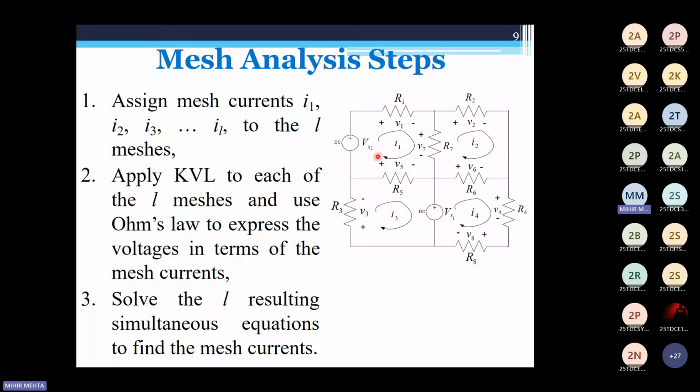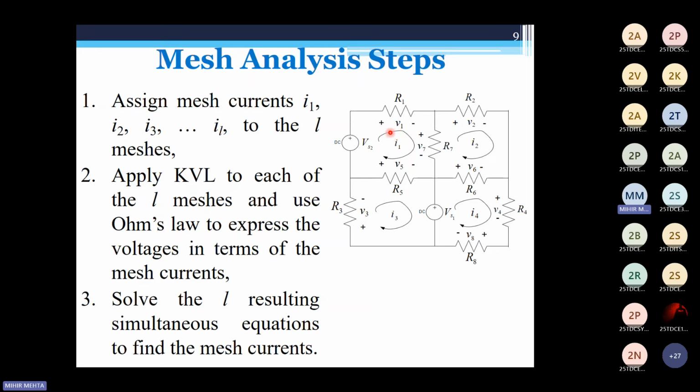Now, once you have given the name to the particular mesh, you have assigned the currents to it. Now we'll start applying KVL in this mesh. When we talk about KVL, we already have a voltage source in a particular mesh. The rest is resistance.